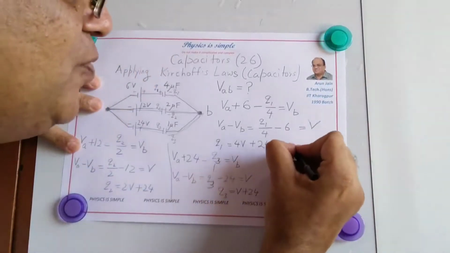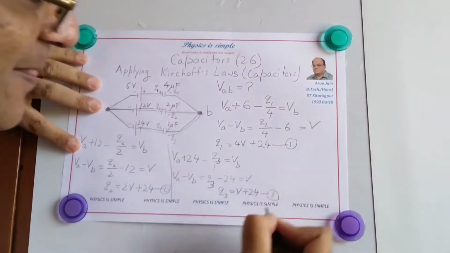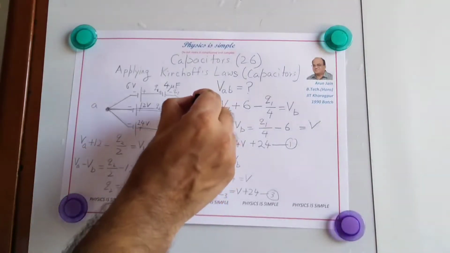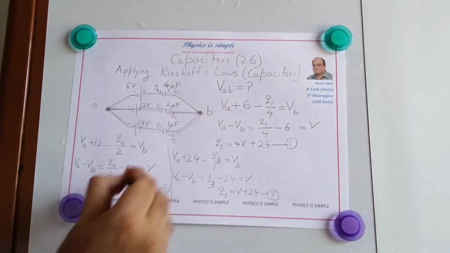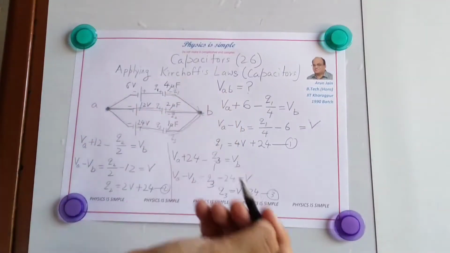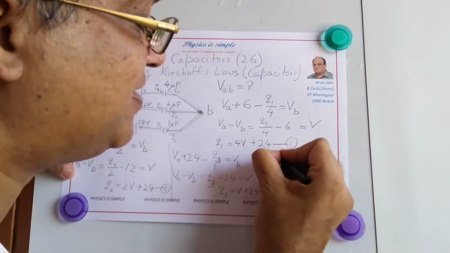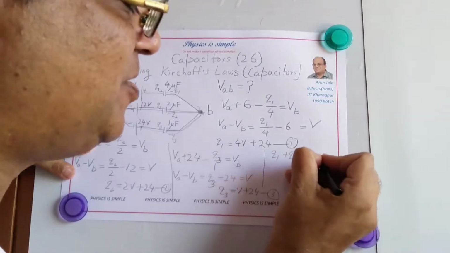So now we know Q1, Q2, and Q3. We also know that minus Q1 has gone here, minus Q2 has gone here, and minus Q3 has gone here. Now this had nothing, so it can give nothing. So the net charge Q1 plus Q2 plus Q3 will be 0.